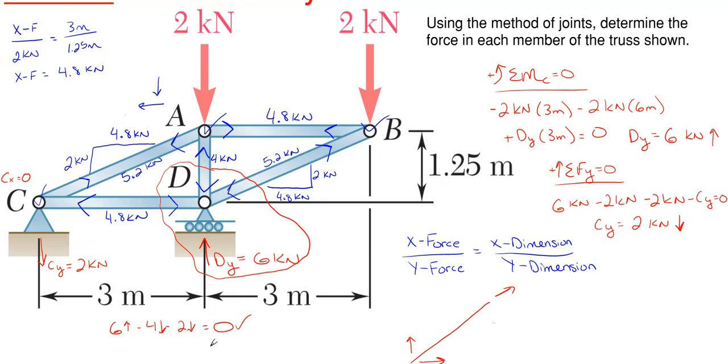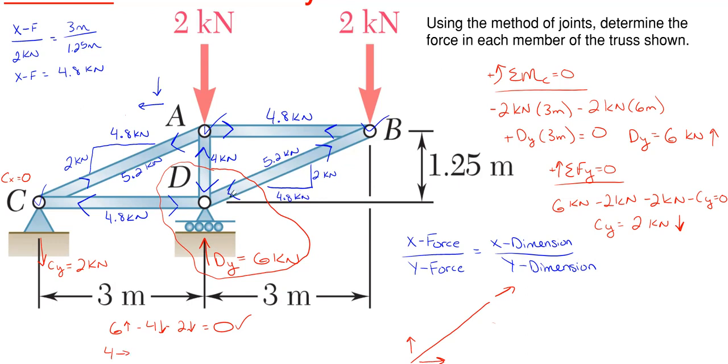Alrighty, so now let's check the horizontal here. In the horizontal, everything else is a vertical here. I have 4.8 kilonewtons acting to the right at joint D. I need 4.8 going to the left to cancel with that. Well, this is a vertical, this is a vertical, the 2 is a vertical. Then I have 4.8 kilonewtons from this diagonal.